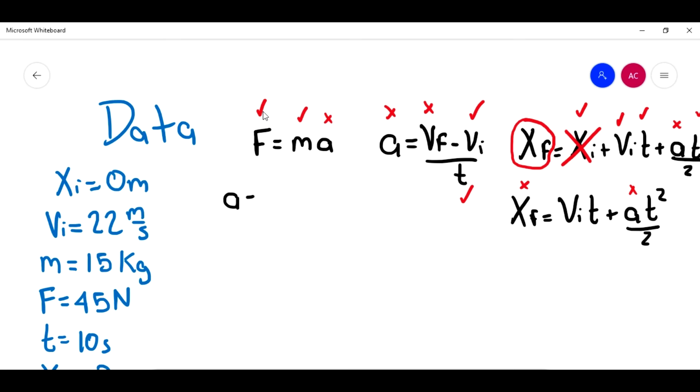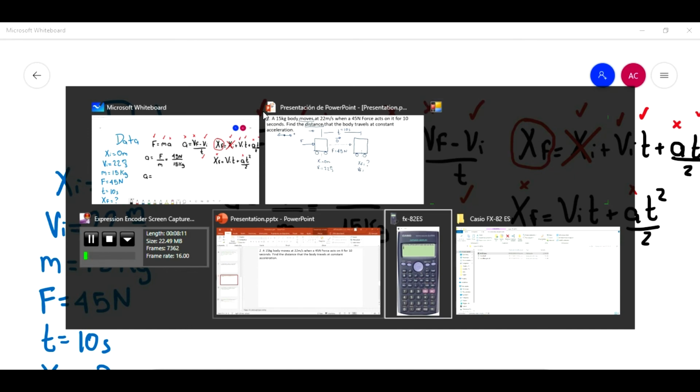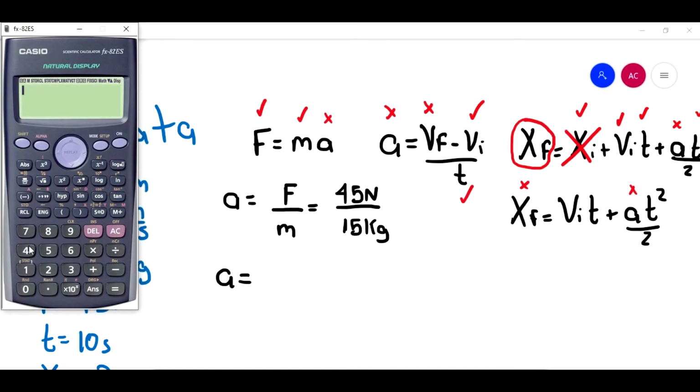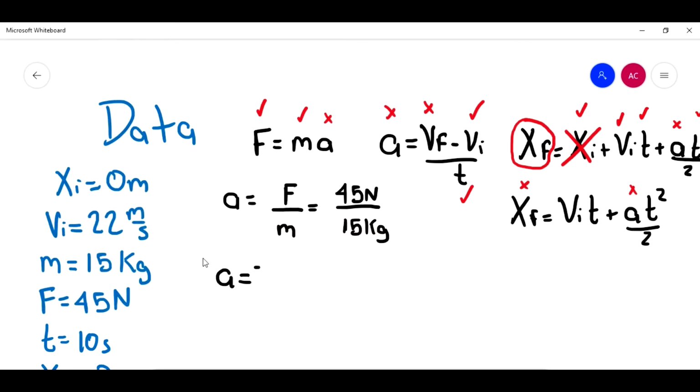So acceleration equals the force over the mass. In this case, it will be 45 newtons over 15 kilograms. If you want to get a calculator, it will be 45 over 15. And that is the value of the acceleration.